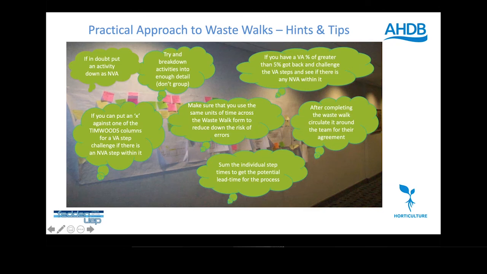If you're getting a value add percentage that's a lot higher than 5%, then go back and challenge each of the steps, a bit like I was just doing, and say, is that really adding value? And if it is, are there any non-value add elements within it that we perhaps need to break down into two steps, so we can separate out the non-value add from the value add step?